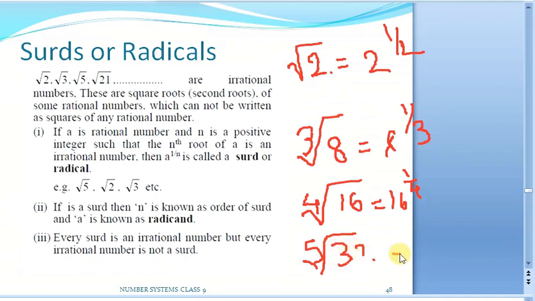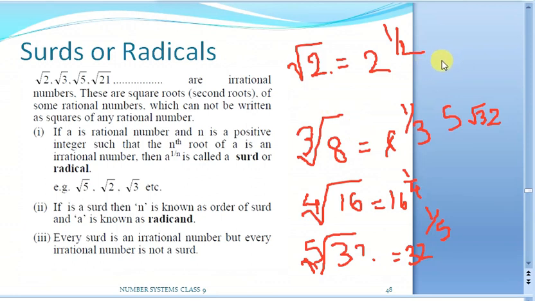So we generally write it as 32 whole power 1 by 5. So this is how a few basic notations work. Don't get confused, this 5 has to be placed inside this particular curve. Suppose if I write like this 5 root 32, this will be 5 into square root of 32. Both are not the same, but this is the fifth root. This is how we can write it as 32 power 1 by 5.